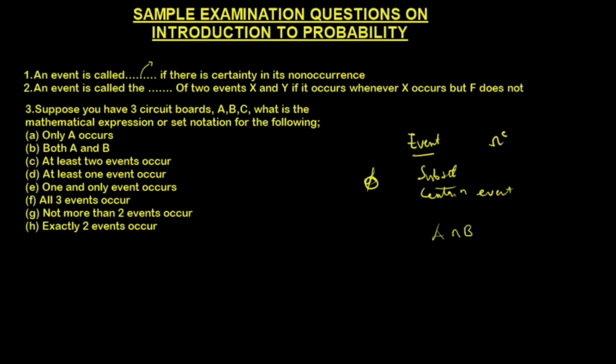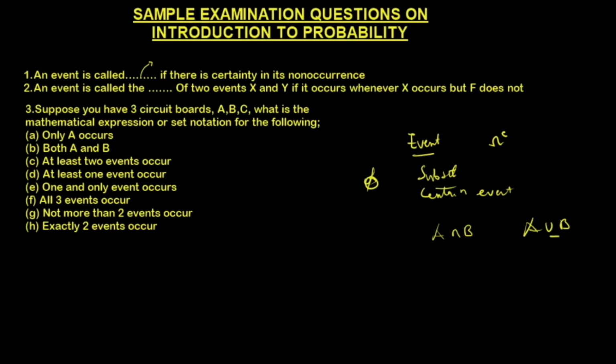Let's move on to union. An event is called the union of two events A and B if it occurs when at least one of them occurs, and union is denoted by A union B. Let's move on to complement. An event is called the complement of an event A if it only occurs when A does not occur.